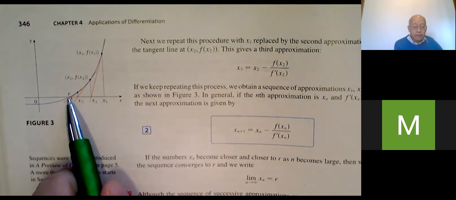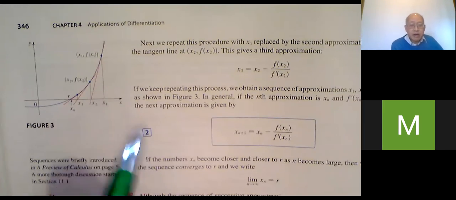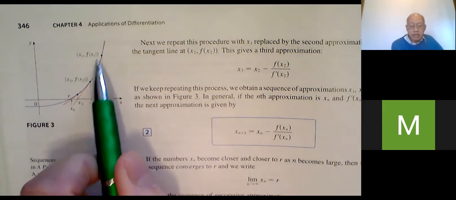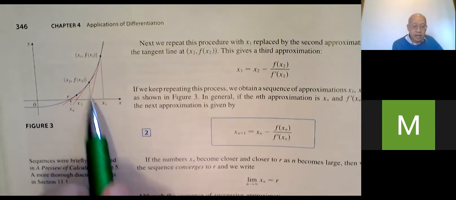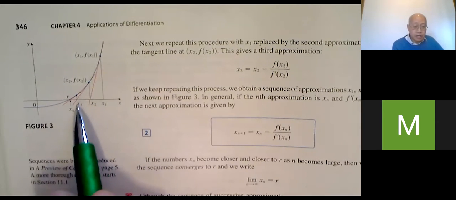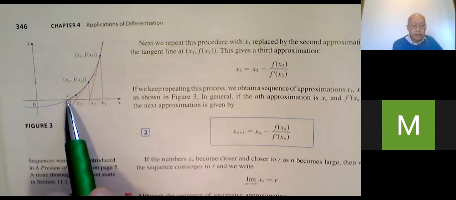You're pretty close already after just the 4th try. So what's happening is we make our guess. It's probably not right. Go along the tangent line. That's our second guess. Go along the tangent line, third guess, and so on. And then you will eventually converge to the actual root, R.